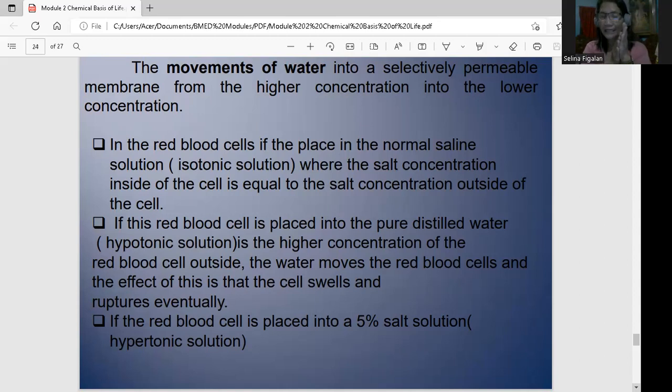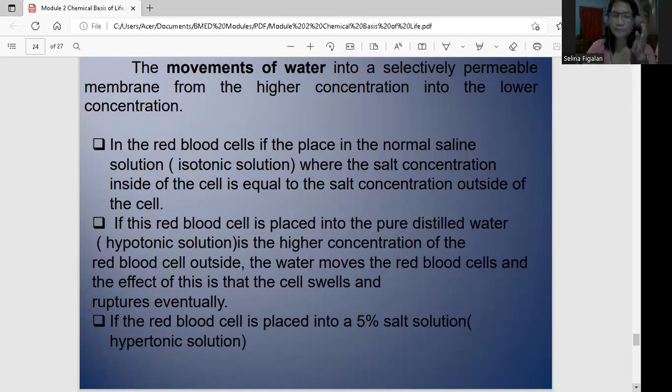Ang nasa loob ay mahina. Ang mangyayari ngayon, kung saan yung higher, siya yung papasok. Ang highly concentrated, papasok sa loob ng cell. What happened? Lolobo. Parang balloon. Pag binublow mo yung lobo, lolobo siya. Kaya pag magsiswell siya, lolobo siya dahil pumasok ngayon yung water inside of the cell.